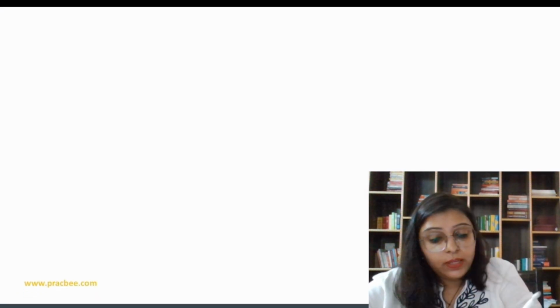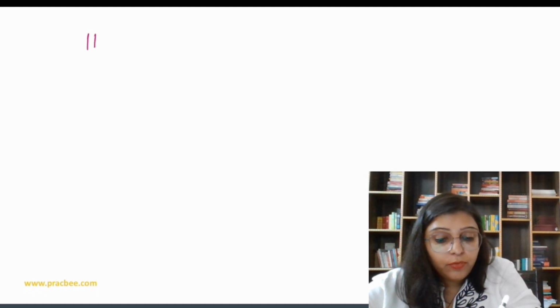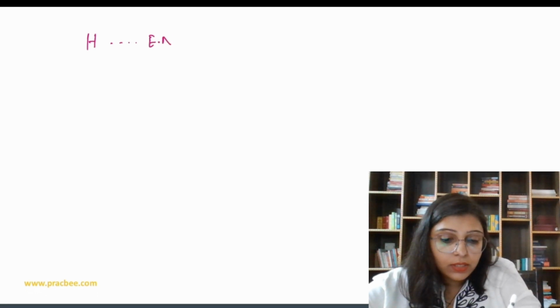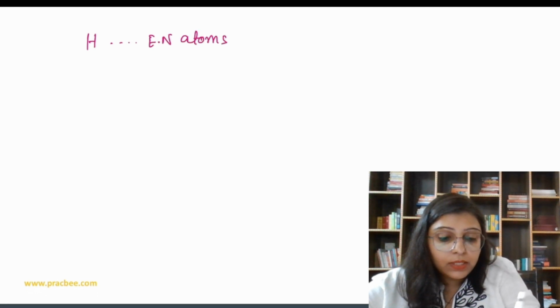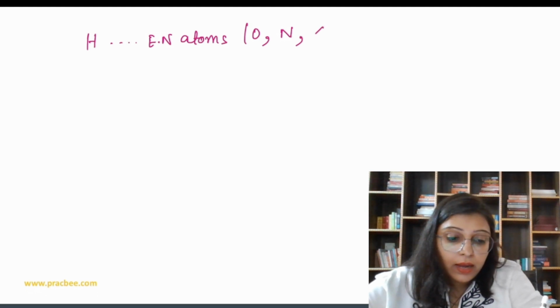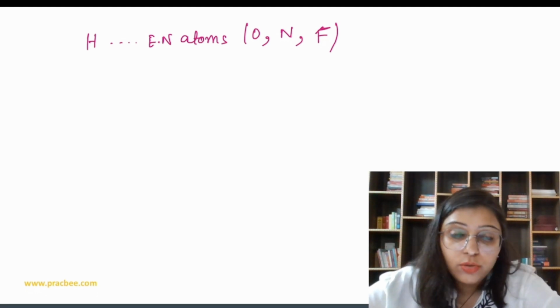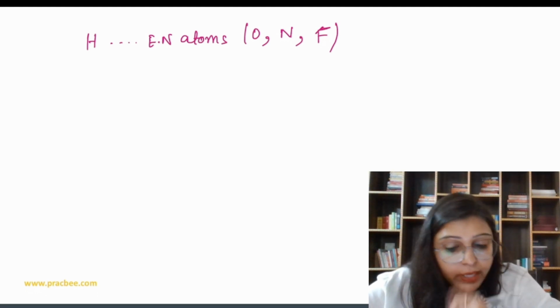A hydrogen bond can be formed between hydrogen and electronegative atoms such as oxygen, nitrogen, and halogens like fluorine.